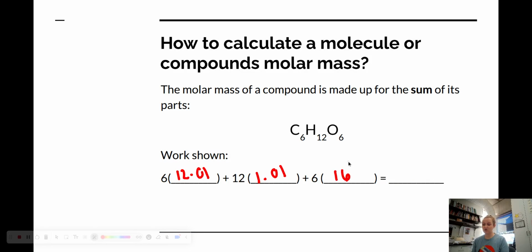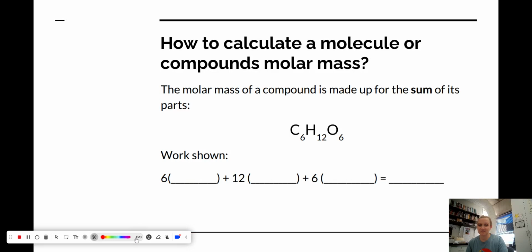When I plug this into my calculator, 6 times 12.01 plus 12 times 1.01 plus 6 times 16, this gives me 180.18 grams per mole. So to find the molar mass, I just add up each and every little piece that I have.